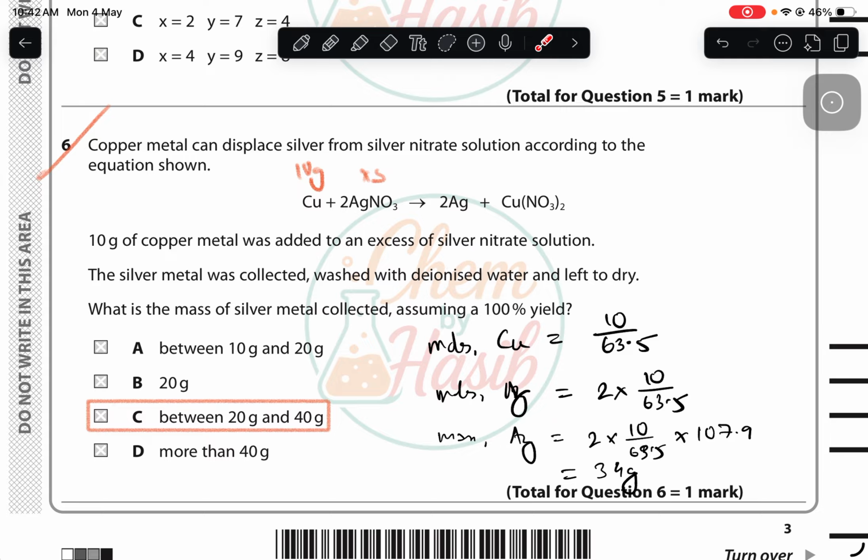So definitely the mass of silver formed will be more than twice the mass of copper, because you have to double the number of moles here, and you have to multiply by a relative atomic mass which is much larger than the relative atomic mass of copper.